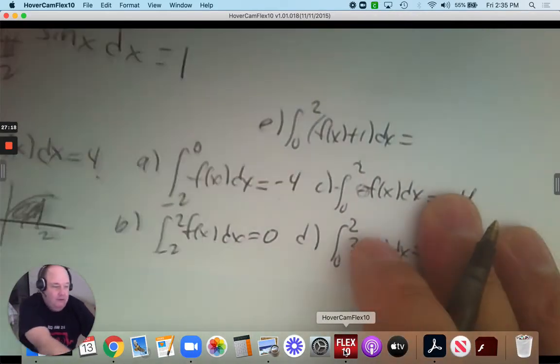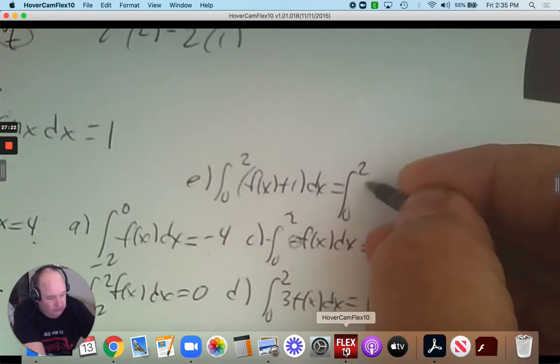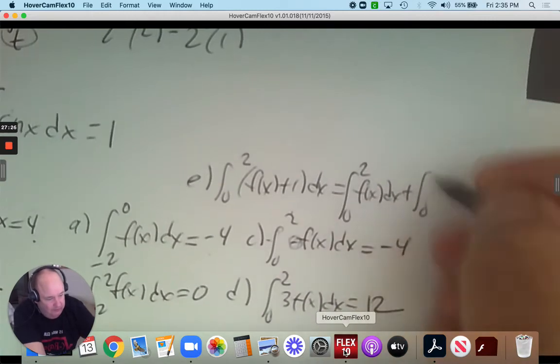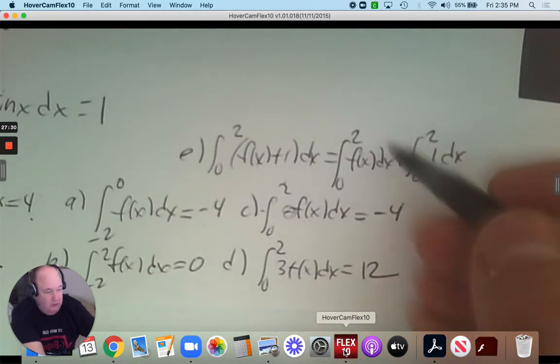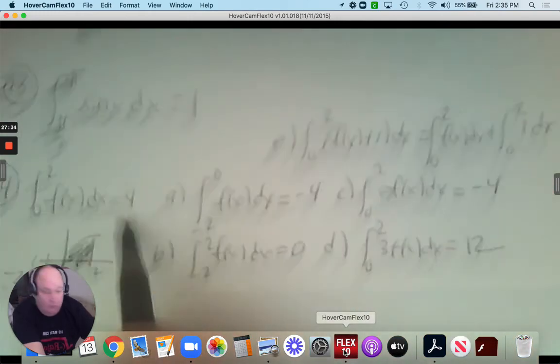So we have to separate this into two integrations. So the first integration is just f at x, but the second one is 1. So for this one, we know the answer. So from 0 to 2 f at x, we're given it. The answer is 4.